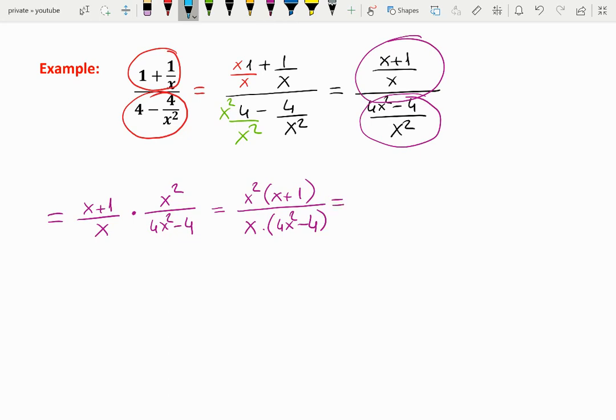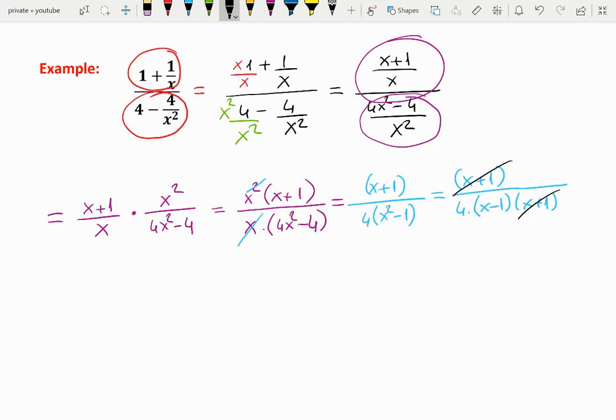I'm thinking I can cancel this x. And then I can continue simplifying. I can factor out 4 from x squared minus 1, and then I can write x squared minus 1 as x minus 1, x plus 1. Okay, so this x plus 1 cancels.